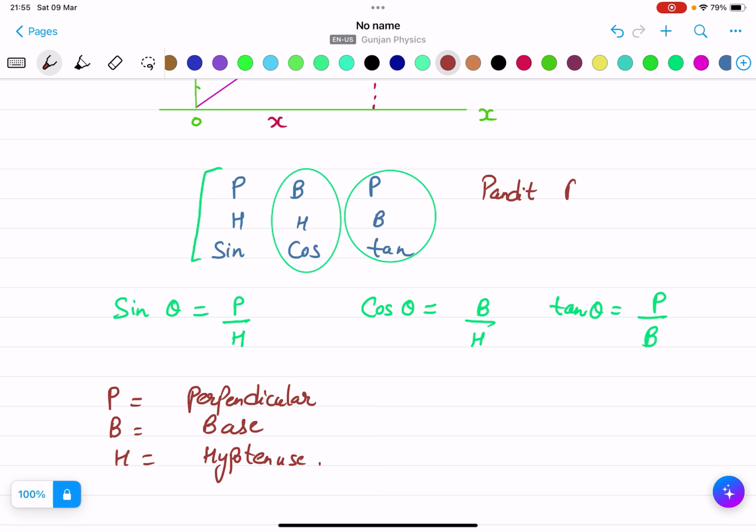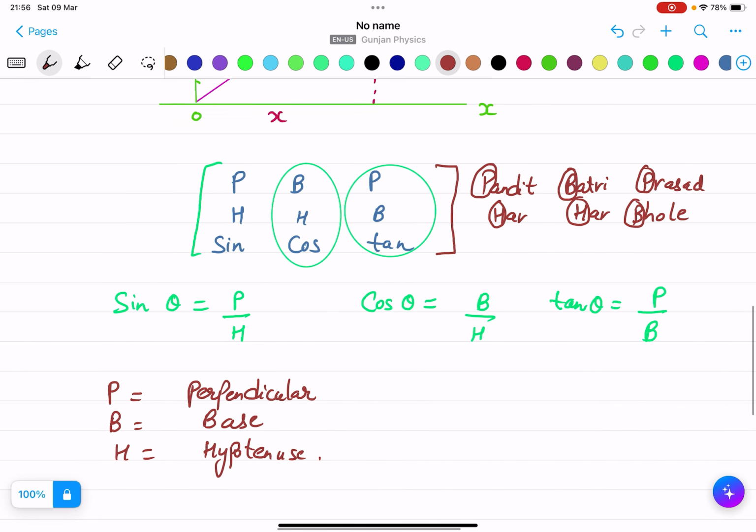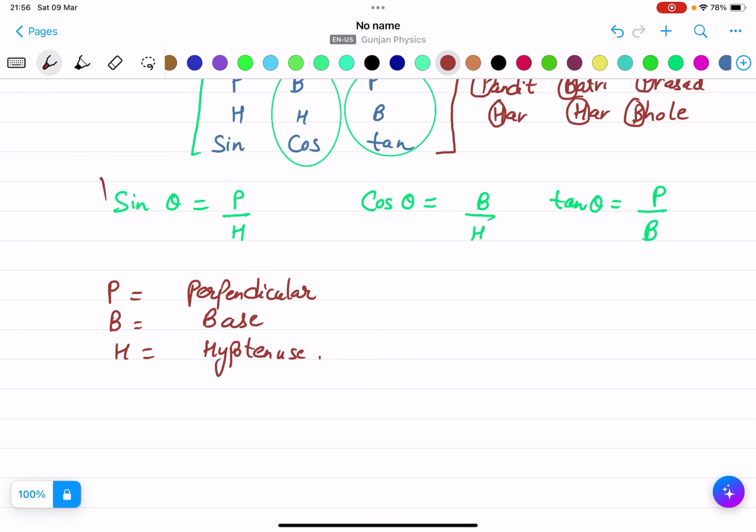I don't know in what ways you remember. So it is Pandit Badri Prasad Har Har Bole. So this is the way we remember this formula, right? These are the formulas you need to remember.